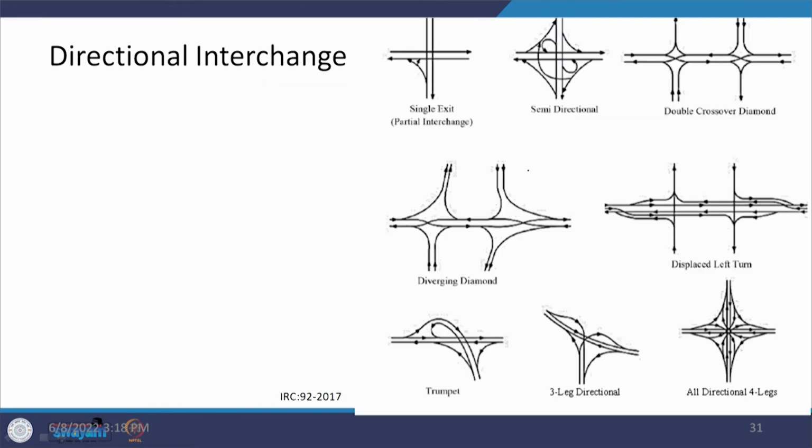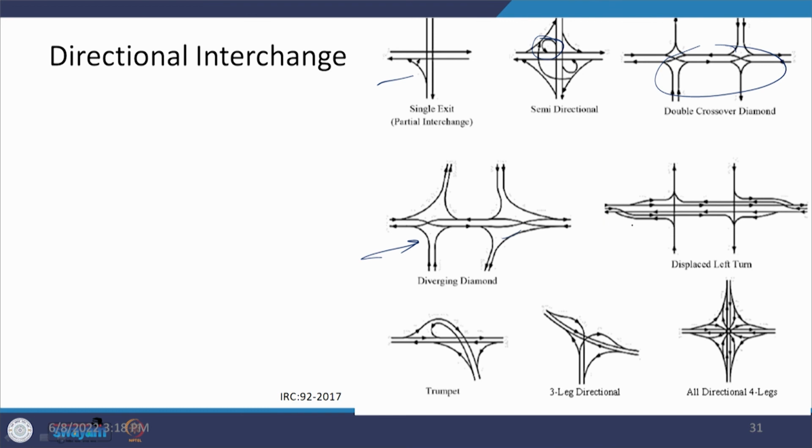There can be different directional interchanges shown here, but you can see there is one for a single particular case, or for this type of loop condition, or there are crossovers depending on the direction in which the traffic has to move. Similar crossovers with the diamond situations have been shown here.